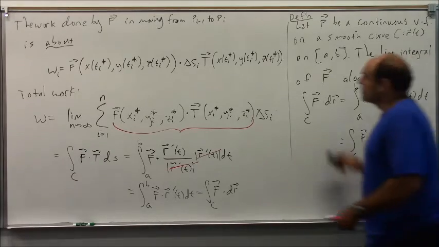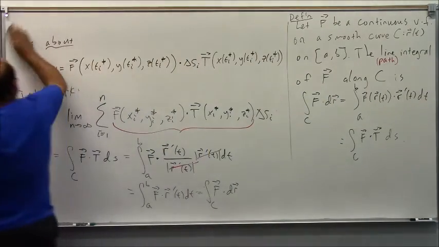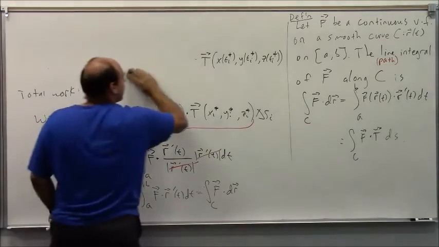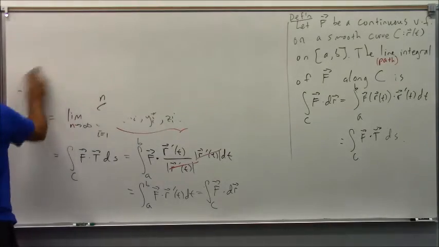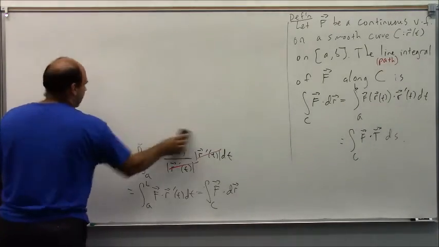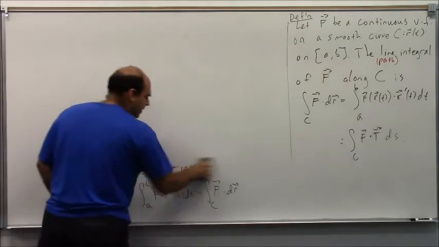Our motivation for this definition came from work, but let's look at a geometrical interpretation of what this thing actually means. That f dot t is actually a physically meaningful quantity.